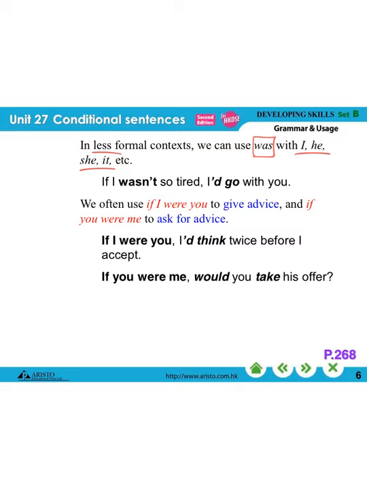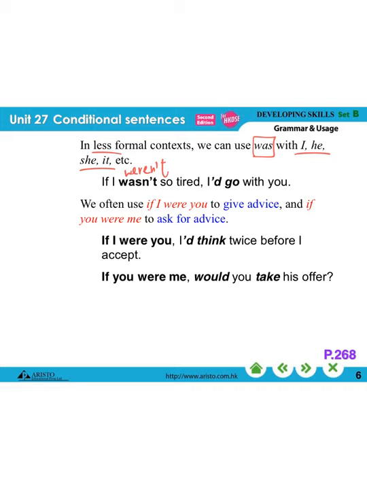And it's also okay to use weren't in this case. If I wasn't so tired, I would go with you. It's less formal, maybe you're talking to your friends. But if this is a very formal setting, we are using were, and the negative form weren't. If I weren't so tired, I would go with you.